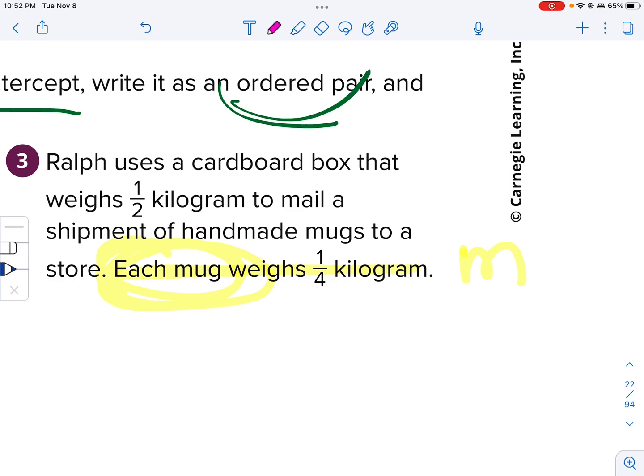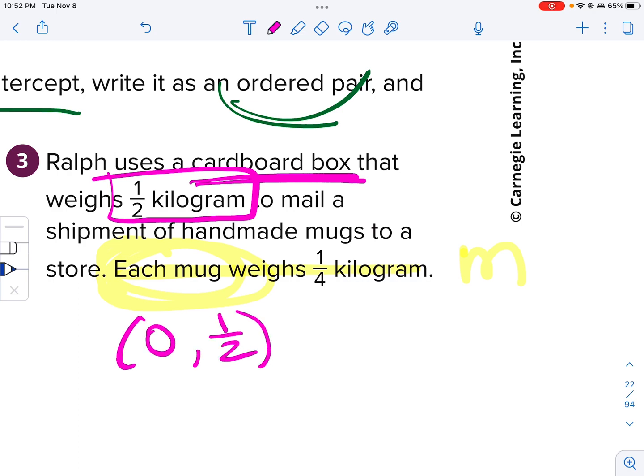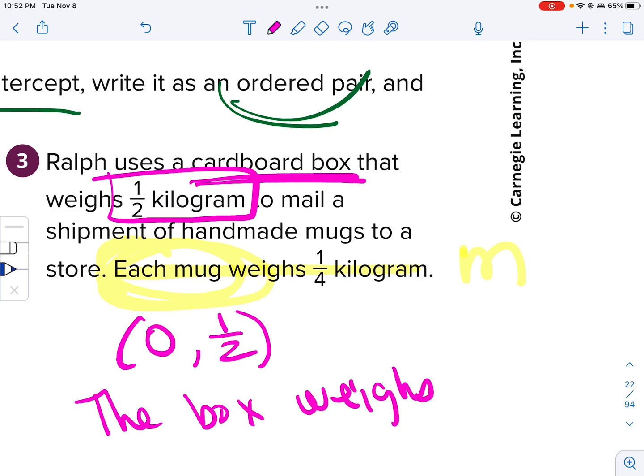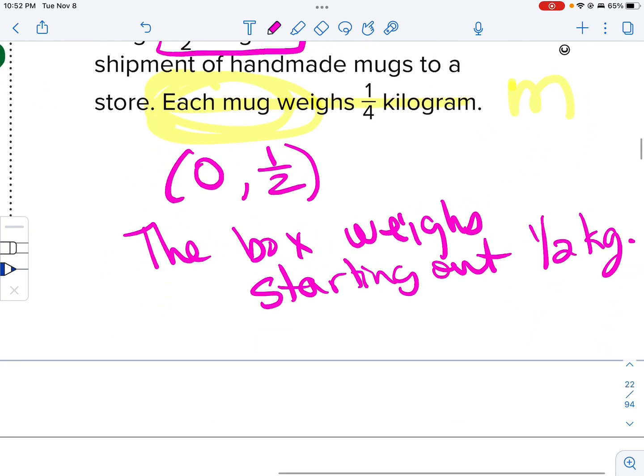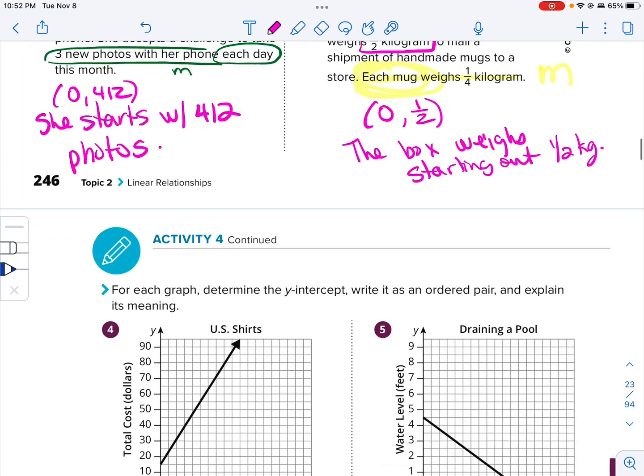The box, you've got to mail the box no matter what. You've got to have that half a kilo, so that is going to be my y-intercept. The box weighs, starting out, a half a kilo. Then once you start putting mugs in it, it gets heavier and heavier.